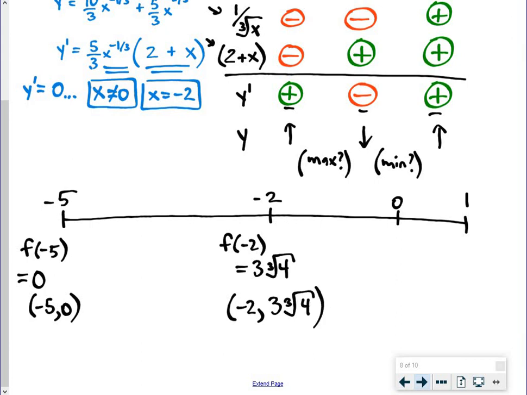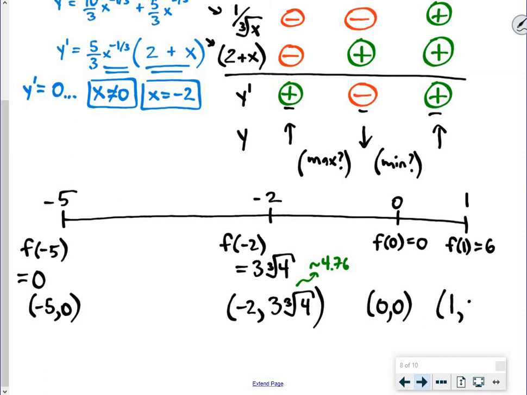Okay, which is approximately like 4.76. Okay, and then function value when x is 0 turns out to be 0. So we have 0, 0 there. And the function value when x is 1 is 6. So we have 1, 6.